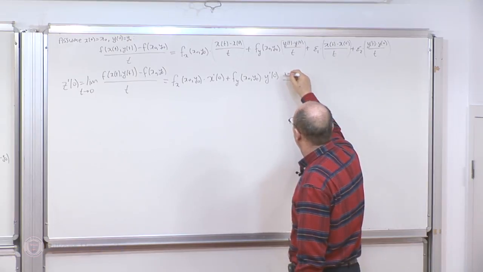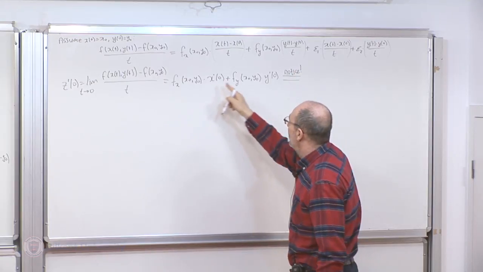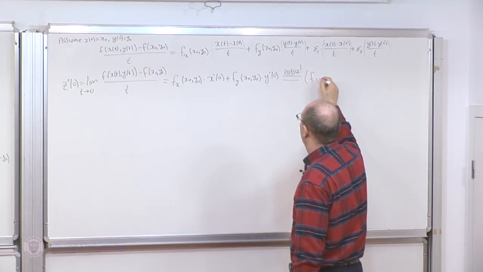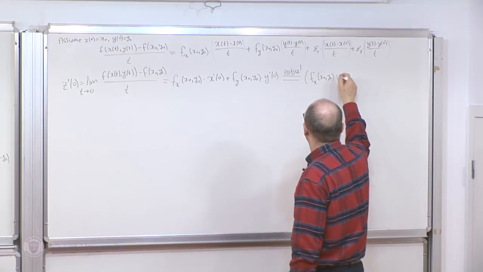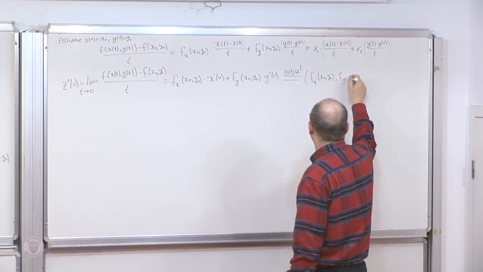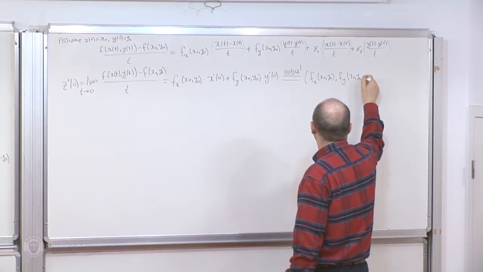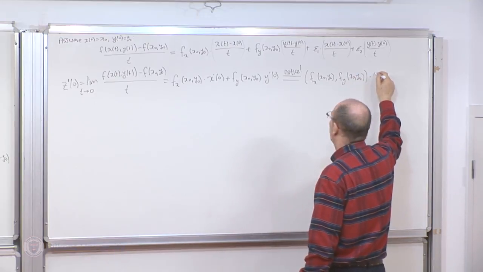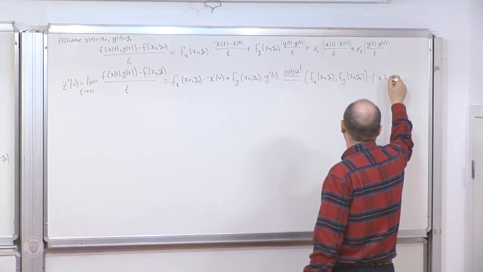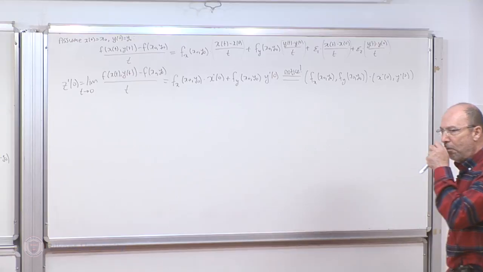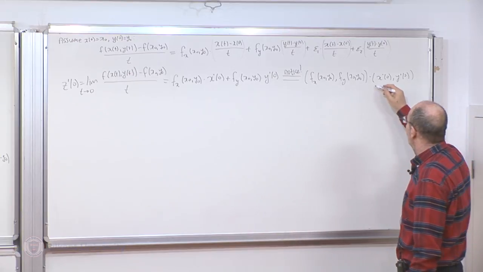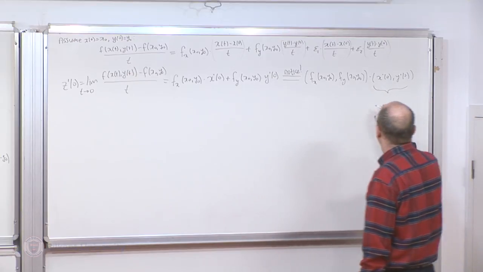At this point, notice that this is actually a dot product. So let me say, notice, we'll come to this. I have this vector, f_x(x_0, y_0), f_y(x_0, y_0), dot product x'(0), y'(0). And notice again that this part has a geometric meaning.